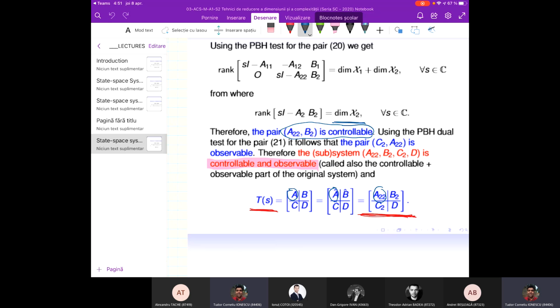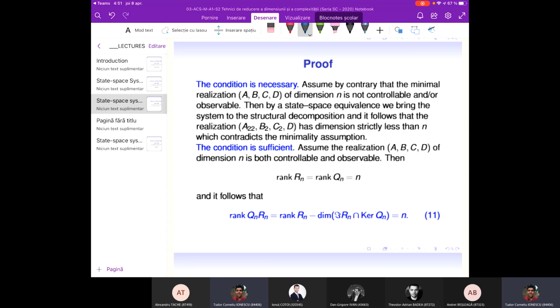We do this through denial. So we deny that A, B, C, D is controllable, even if it's assumed minimal, okay?